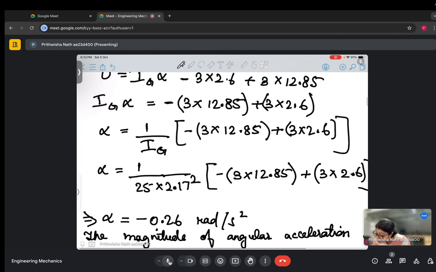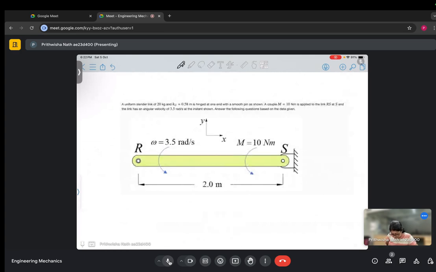Now next problem, in the next question, this link RS is of mass 20 kg and k is given as 0.58 meter, and it is hinged at one end with a smooth pin as shown.